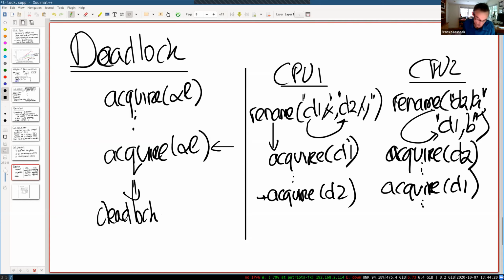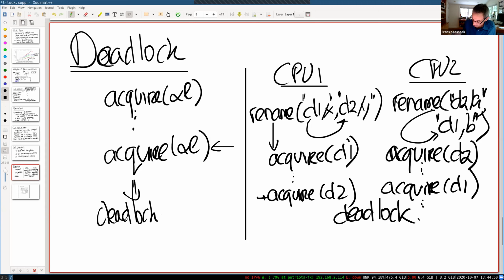Sometimes this is called the deadly embrace, where the ordering in which we acquired the locks results in deadlock. Does that make sense, this example? This is a little bit more of an interesting example of deadlock. It's not an obvious problem.